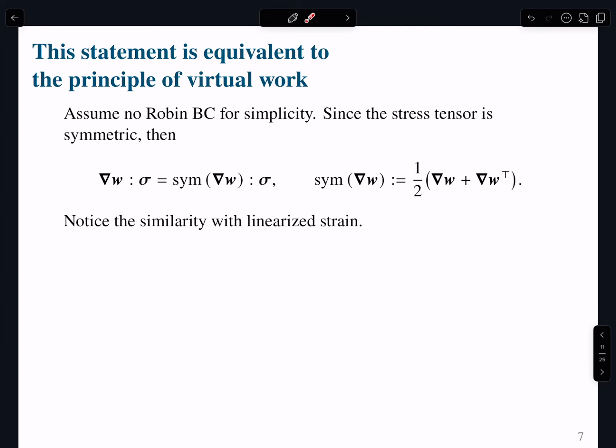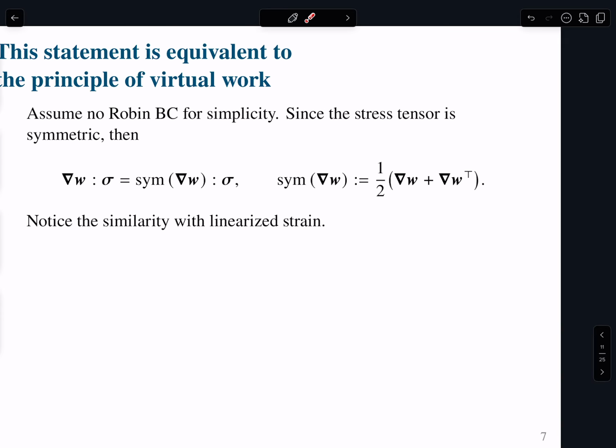That is what we call the symmetric part of a tensor. And so that very much looks like our linearized strain, right? But it is not really our actual strain because I'm not using the function u here. It's not the displacement field, it's the test function. So it is not our actual strain, but you could see it as some sort of virtual strain, right?